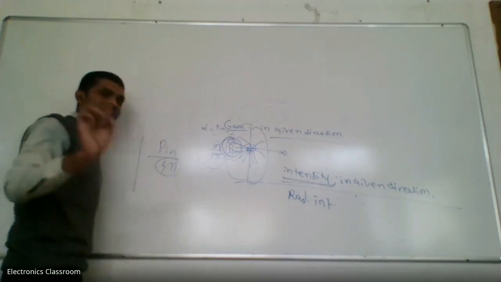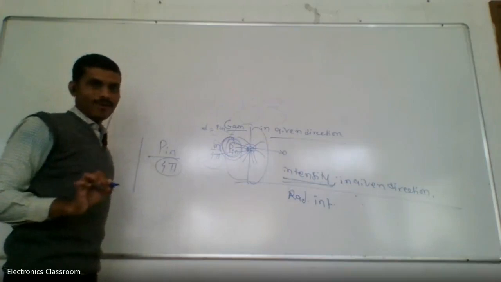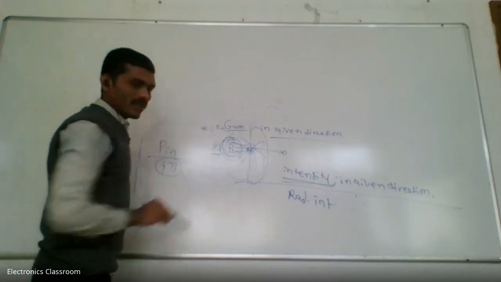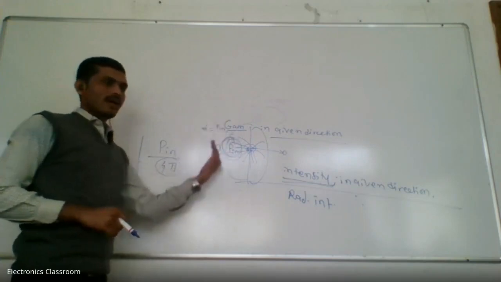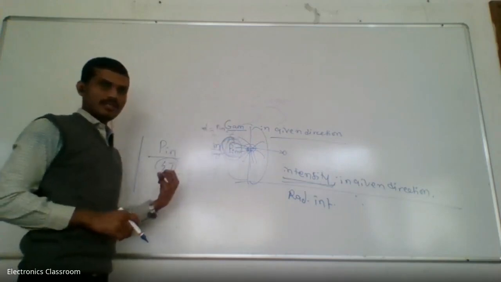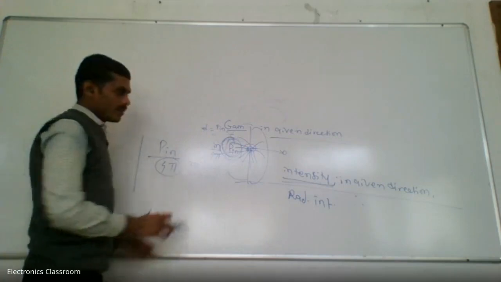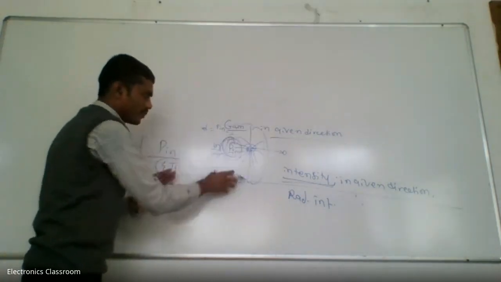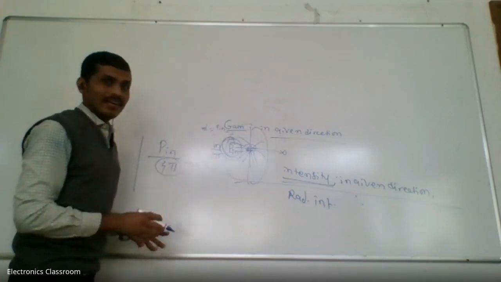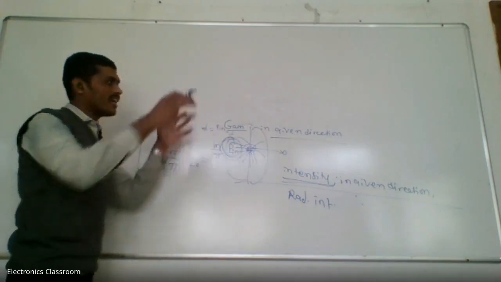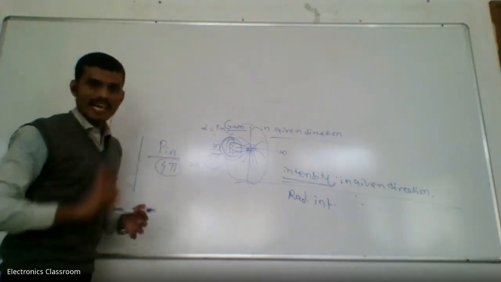Each and every time we are taking 4 pi because a circle has a 360 degree angle, and another circle has 360, that is 2 pi. Is that clear? 180 degrees, another 180 degrees, and now this is not a circle, this is a solid, for example a ball, a solid angle.